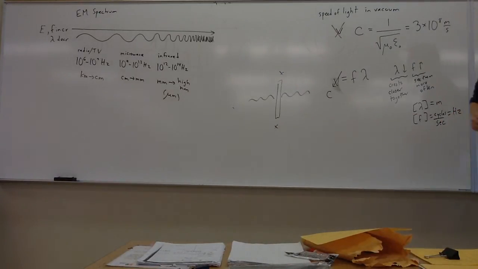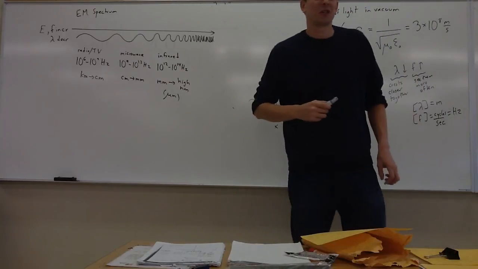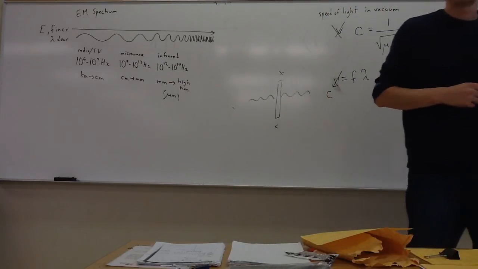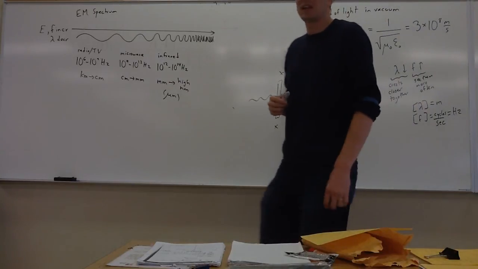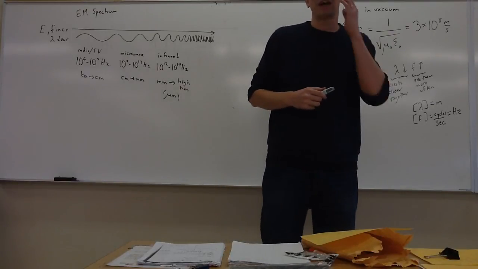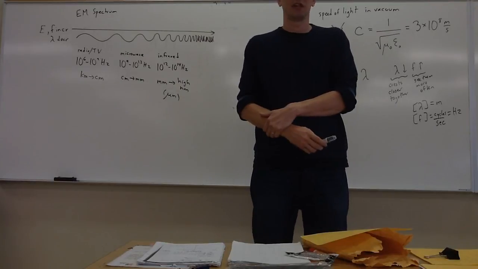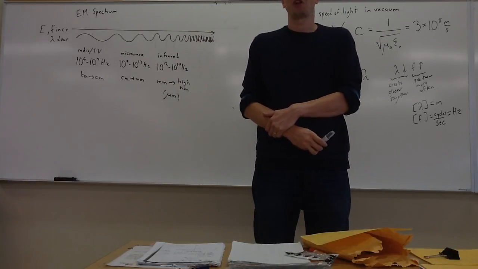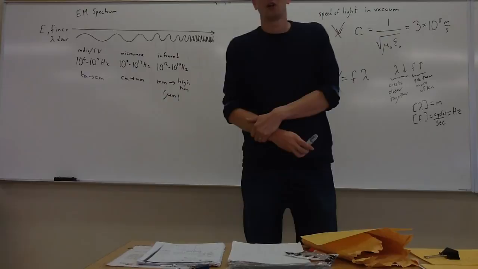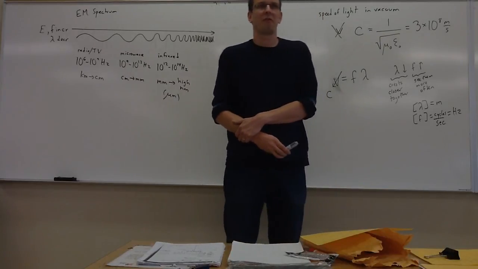This has a special relationship to us because it turns out that if something is at a temperature that is around where we live, so not super, super cold, not super, super hot, well, temperature is a measure of thermal motion, right?